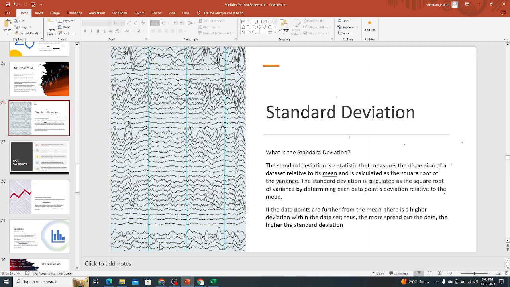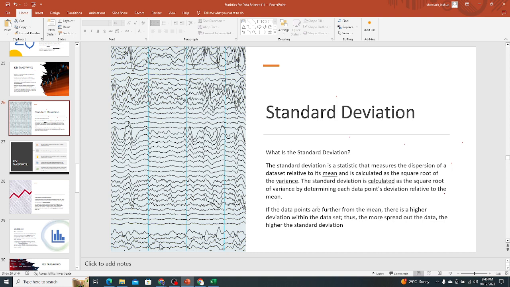Majorly it is used to show the relative distance as well. The standard deviation in statistics is a measure of dispersion of a data set relative to its mean, and it's calculated as the square root of the variance. It is calculated by determining each data point's deviation relative to the mean. If the data points are further from the mean, there is a higher deviation.